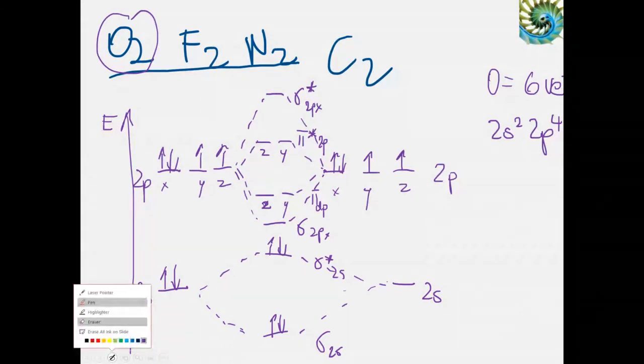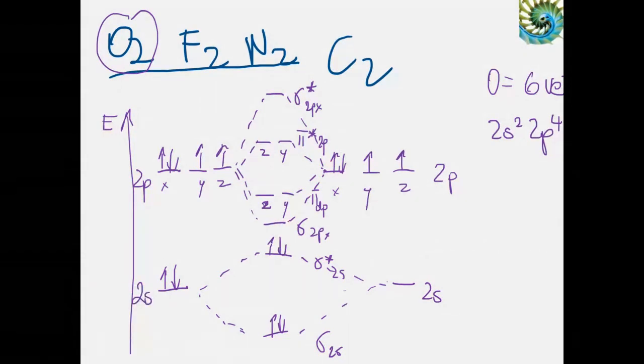I'm going to do it in red now. We have 8 electrons total: 1, 2, 3, 4, 5, 6, 7, 8.